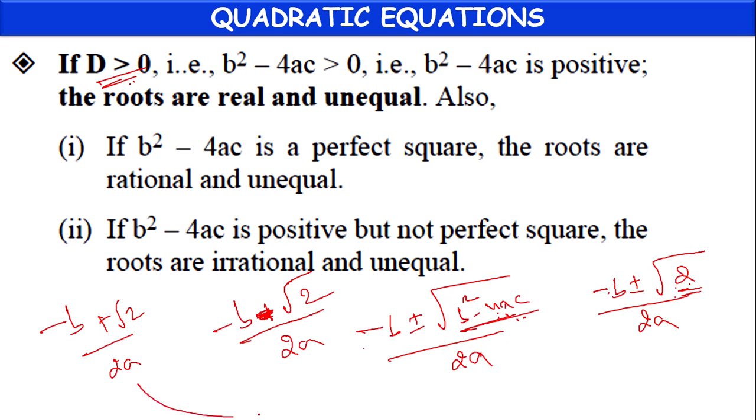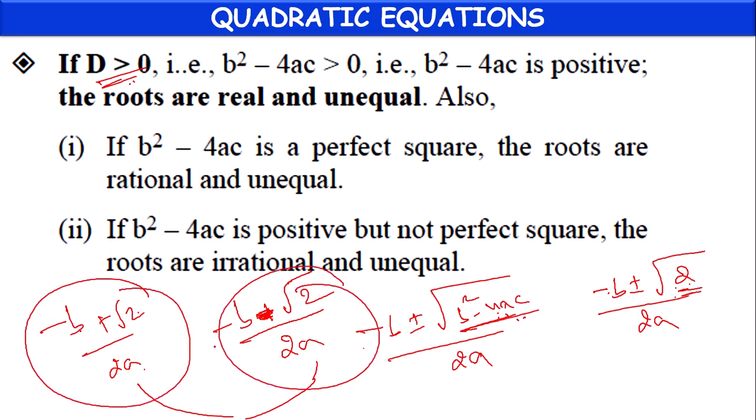This means the roots are real numbers, because b is a real number, a is a real number, and root 2 is also a real number. So the two roots we are getting are real numbers. Are they equal?